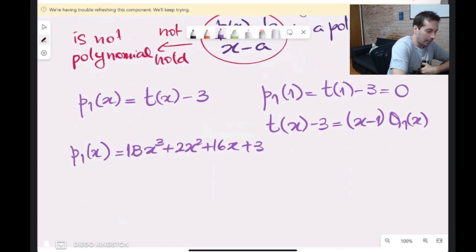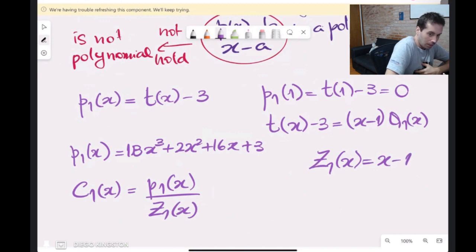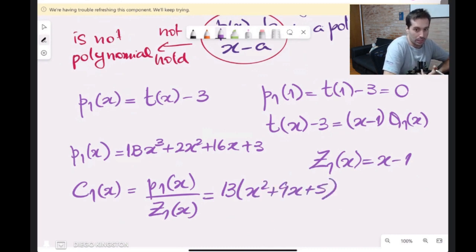And we can then divide p1 by the vanishing polynomial where the constraint holds, which is in this case just x minus 1. And so the polynomial is 13x squared plus 9x plus 5, which is a polynomial as we expected because the constraint holds.